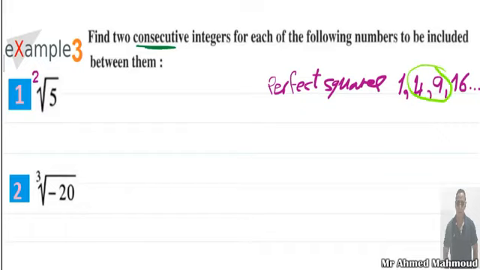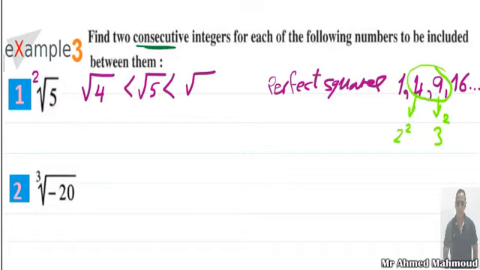4 perfect square means 2 power of 2, and 9 means 3 power of 2. Then I can write like this: square root 5 lies between square root 4 and square root 9.